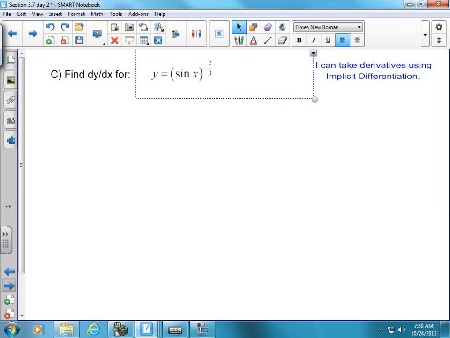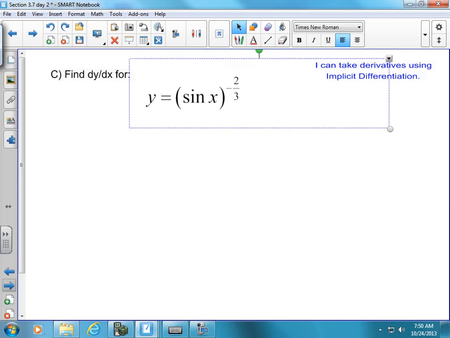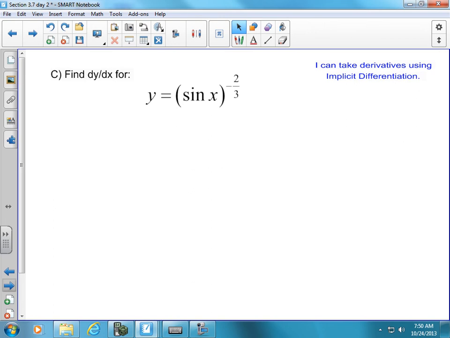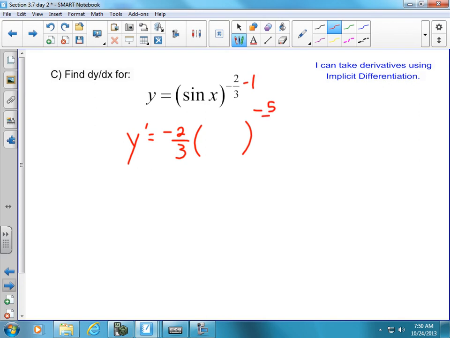Sine of x to the negative 2/3. Okay, this one we're going to need to use the chain rule and the power rule. So let's multiply by negative 2/3 times our parentheses. We're going to subtract one. I believe that's negative 5/3 times sine, and sine of x is our inside part. So the derivative of the inside is going to be cosine.